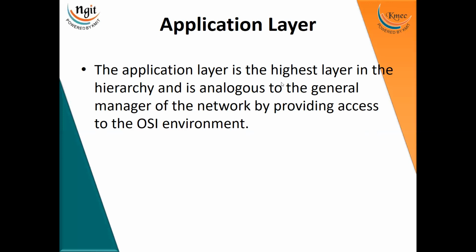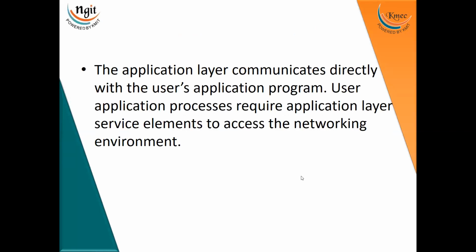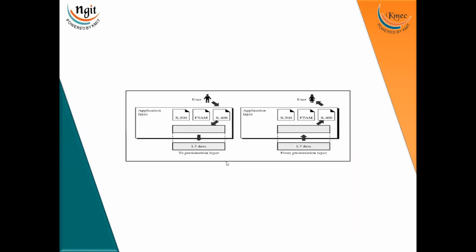This application layer is the highest layer in the hierarchy and is analogous to the general manager of the network, providing access to the OSI environment. This is the final layer, and in this layer we have the complete communication of data.